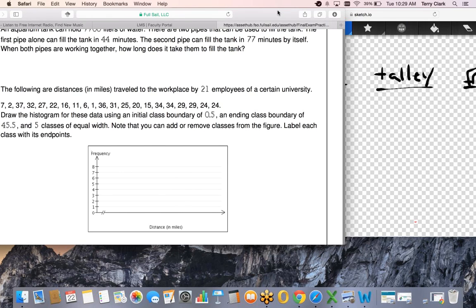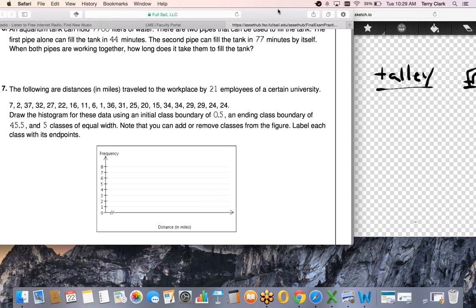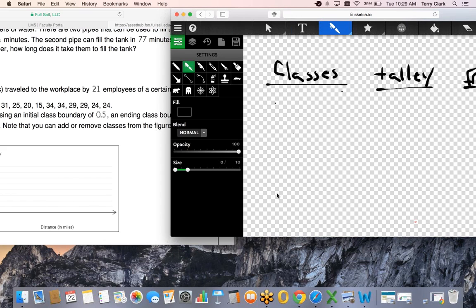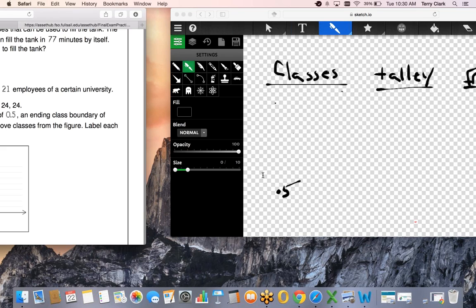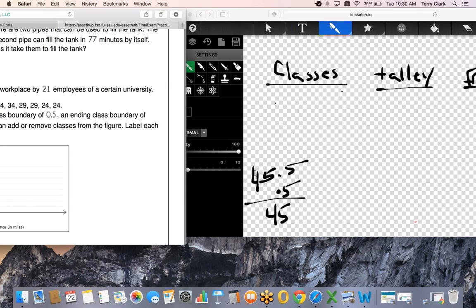Okay, so we got 0.5, and then we got 45.5, and then we'll subtract these two things, and that'll give us 45, and then we'll divide it by 5 because there are 5 classes.